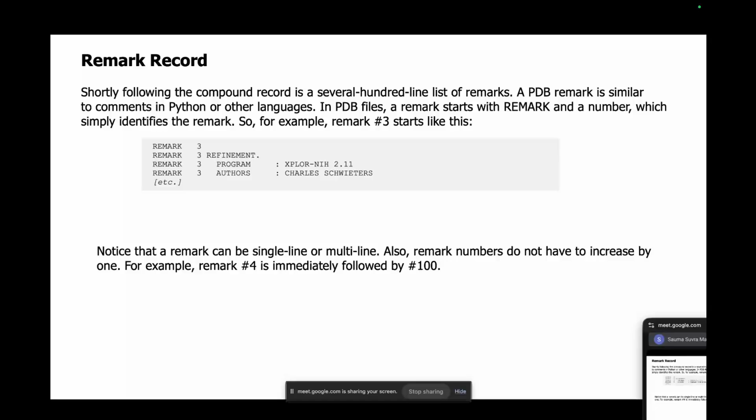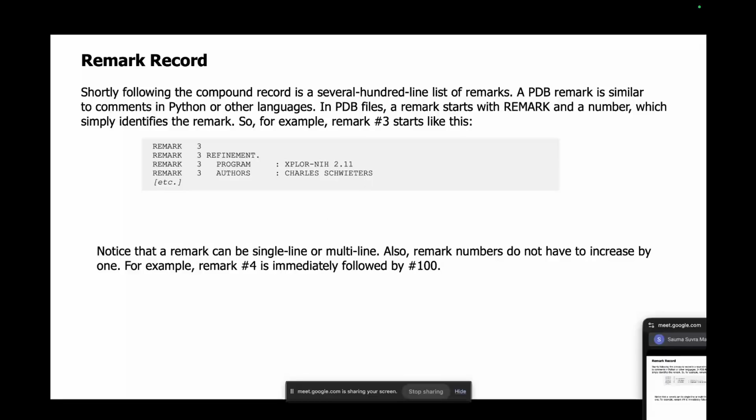We use a hash and then we write a remark. Here also it's similar. It starts with a number which simply identifies it as a remark. For example, remark 3 starts like this. These are, I think, the names of the authors that have deposited this data and so on and so forth. And the remark numbers are also jumbled up.